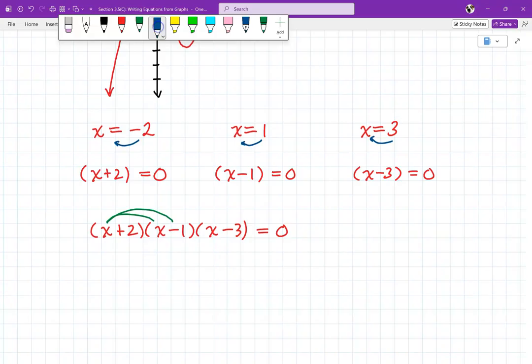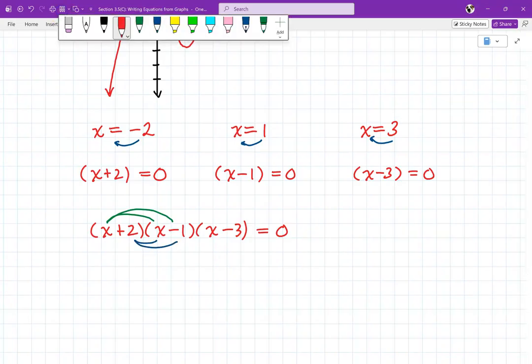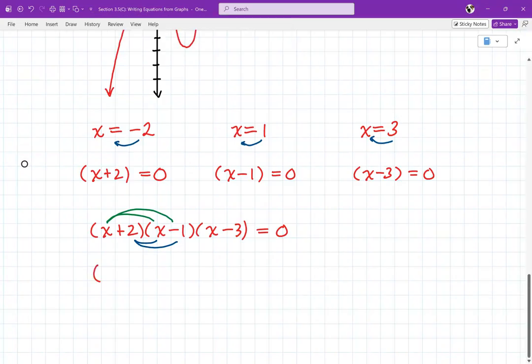I'm also going to multiply 2 times x, 2 times -1. So here we go. X times x is x squared. X times -1 is -x. 2 times x is 2x. 2 times -1 is -2. And I still have that x minus 3 there. I haven't multiplied that yet.